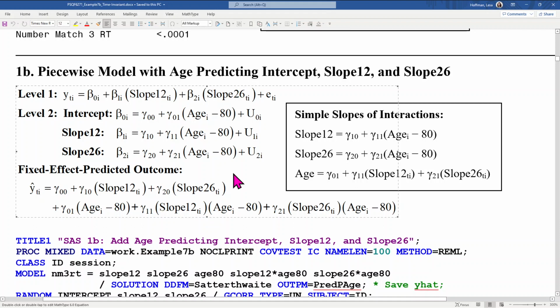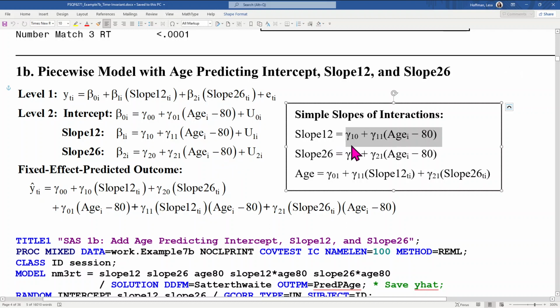So if I'm building a simple slope for slope 1,2, I need to grab gamma 1,0. Don't need this, don't need this, do need this one, don't need that one. Then I factor out slope 1,2, and what's left is the basis of the estimate statements in SAS, lincom statements or margins in Stata, and contest1D when we're using lmer in R.